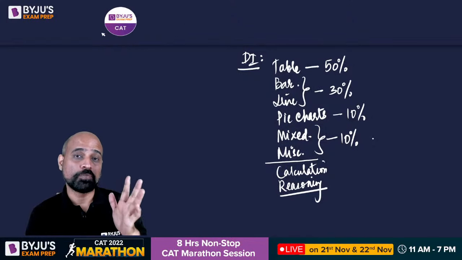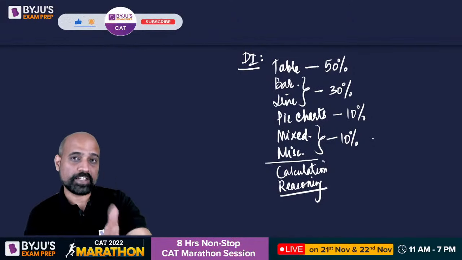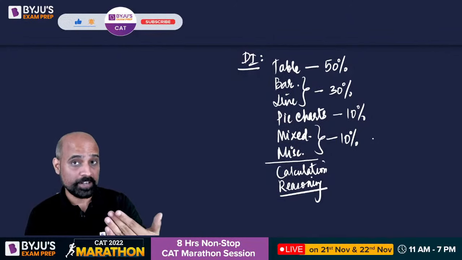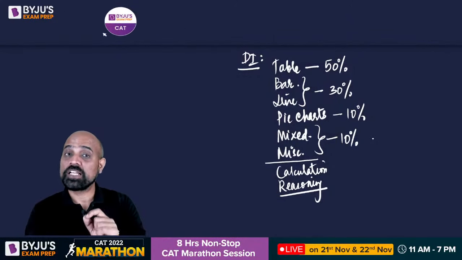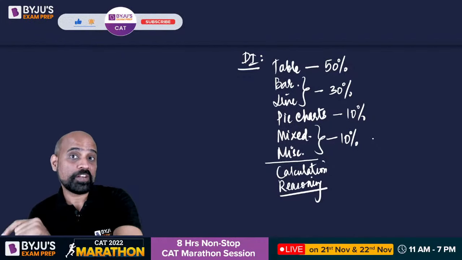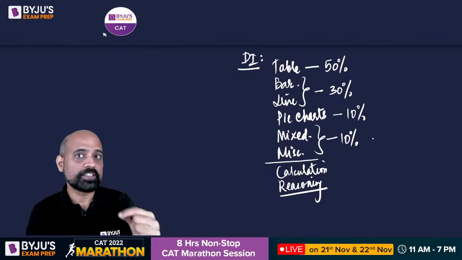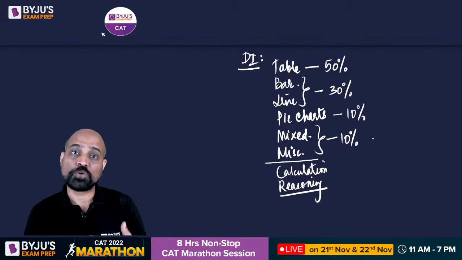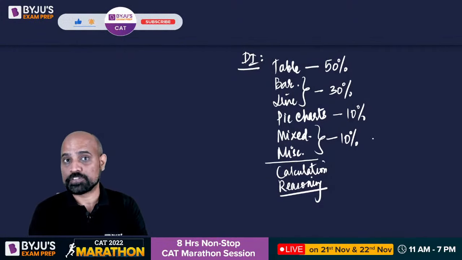Dekha hoga, but what does first quartile mean? What does the second quartile mean? What does the third quartile mean? And how are they arranged? These types of miscellaneous sets are more prevalent in XAT. So CAT doesn't experiment a lot, but XAT does. The first time a scatter diagram was there in DI, it was in XAT first.